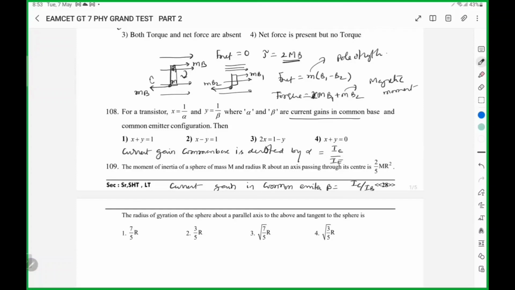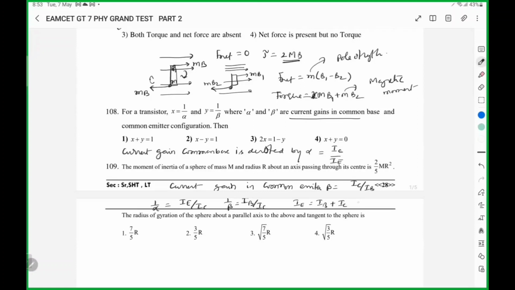So here 1 by alpha is IE by IC, and 1 by beta is IB by IC. But what we know is that emitter current is base current plus collector current.